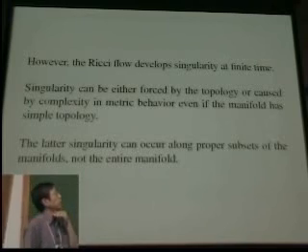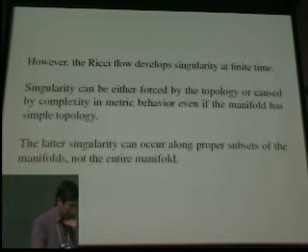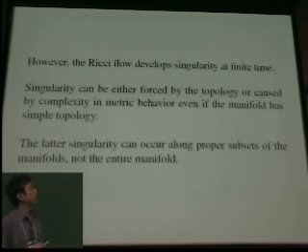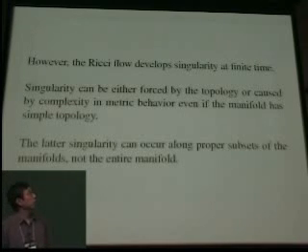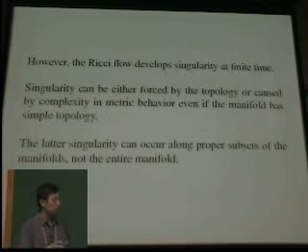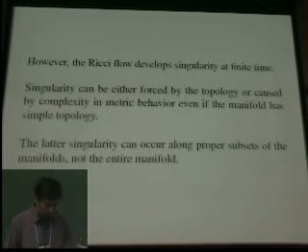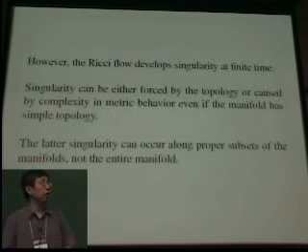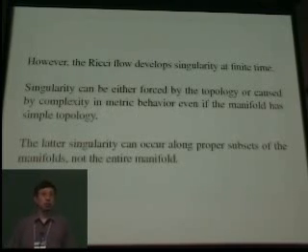However, Ricci flow develops singularities at finite time, and a singularity can be either forced by topology or caused by complexity in the metric behavior, even if a manifold has simple topology, even topologically like S3, but the initial metric is very complicated.